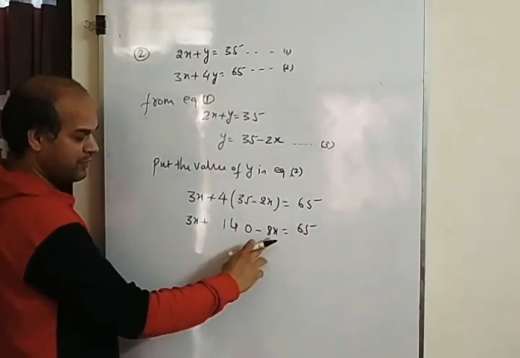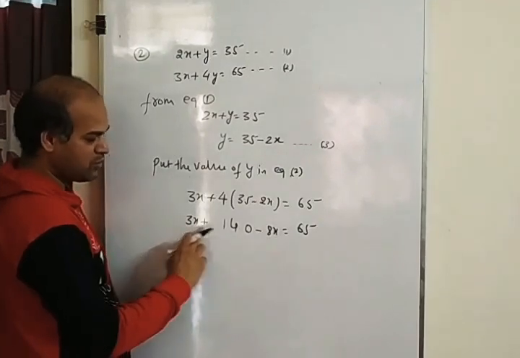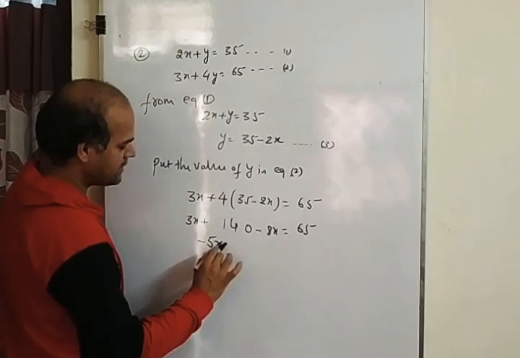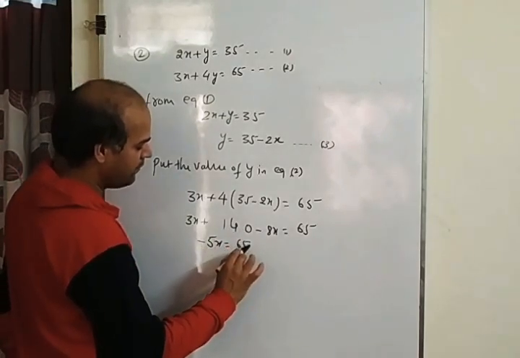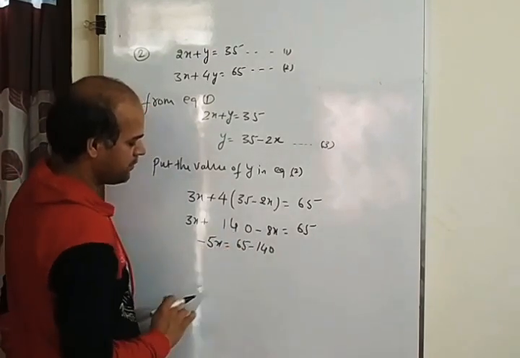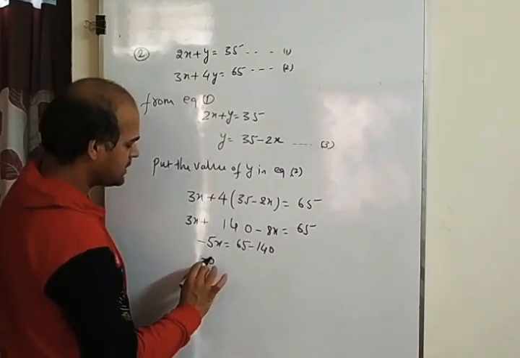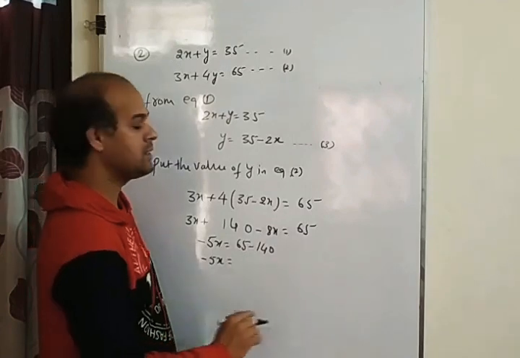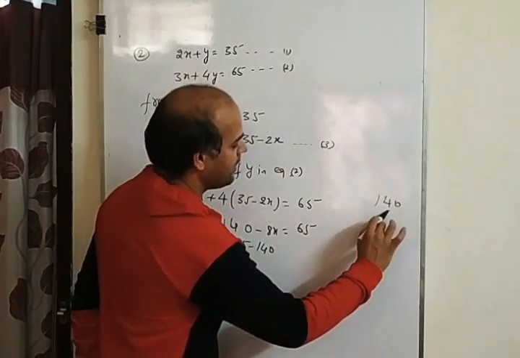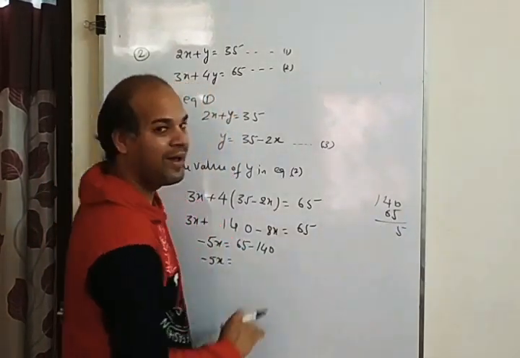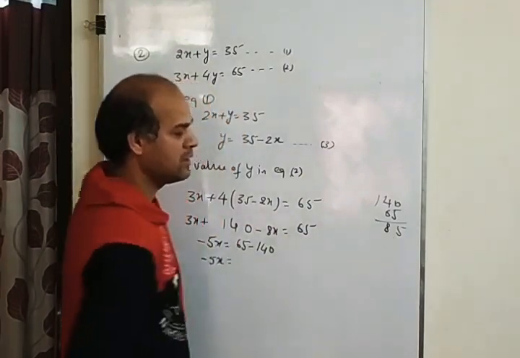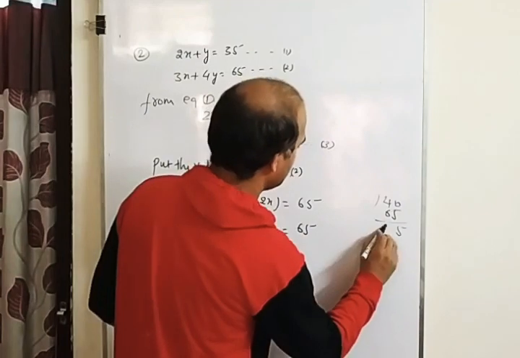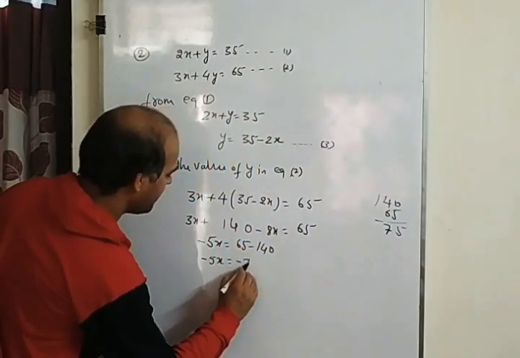We are observing minus 8x and plus 3x, so minus 5x, and this 65 minus 140. So minus 5x equals 65 minus 140, which is minus 75.